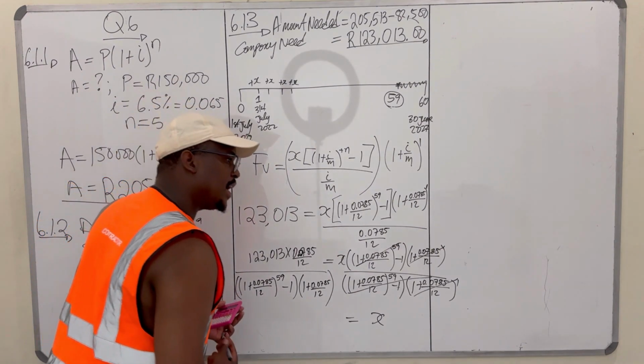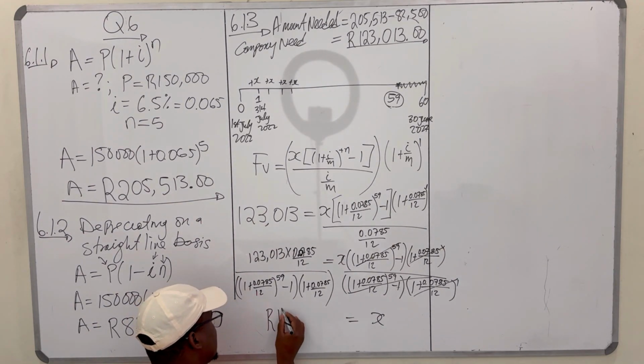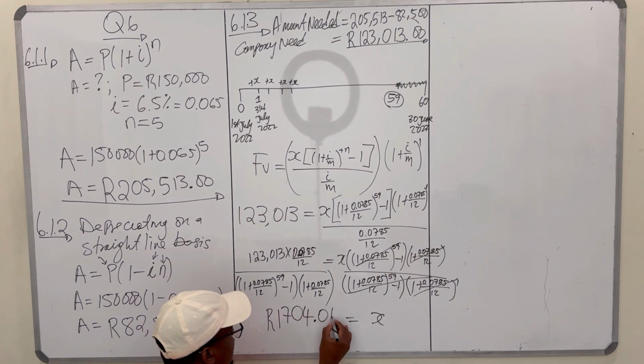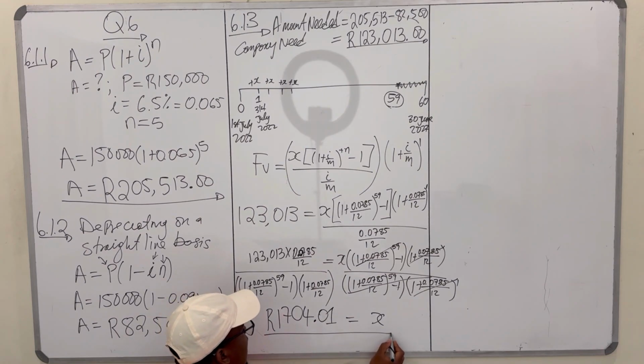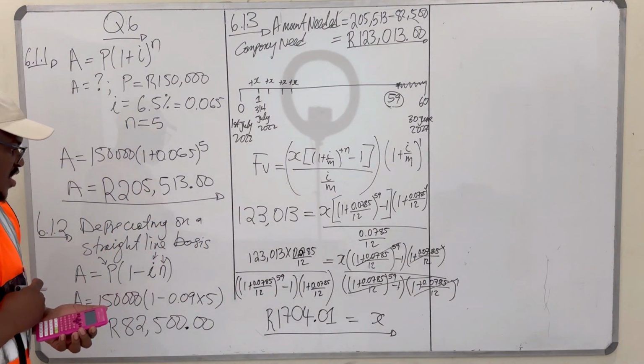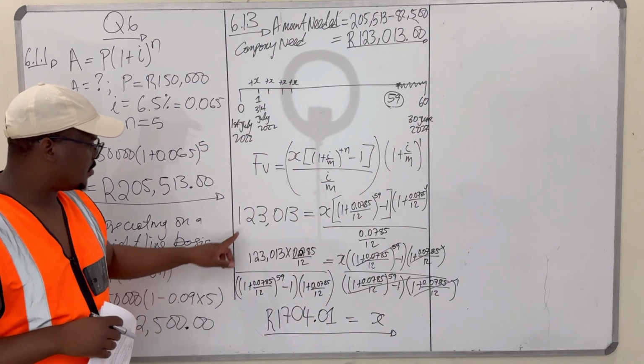So what we get is 1,704 rands 1 cent. So this is the amount that our friend should be depositing into that account in order to have 100.